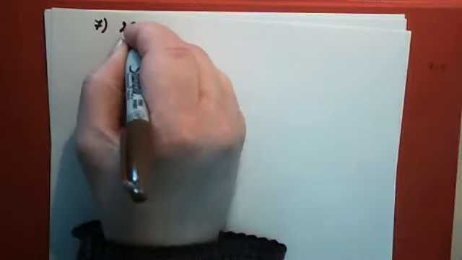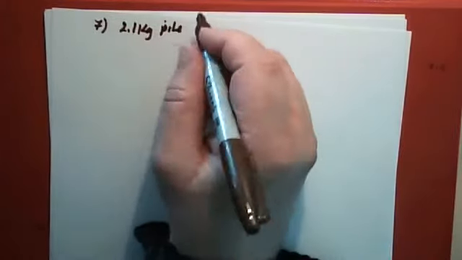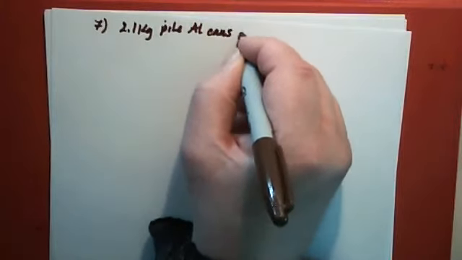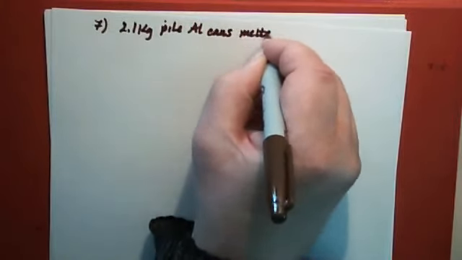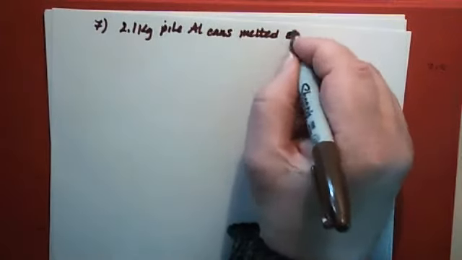Okay, well, 7. A 2.1 kilogram pile of aluminum cans is melted and then cooled into a solid cube.